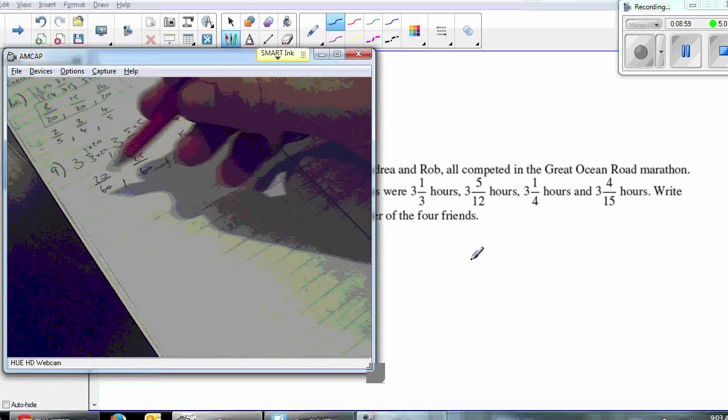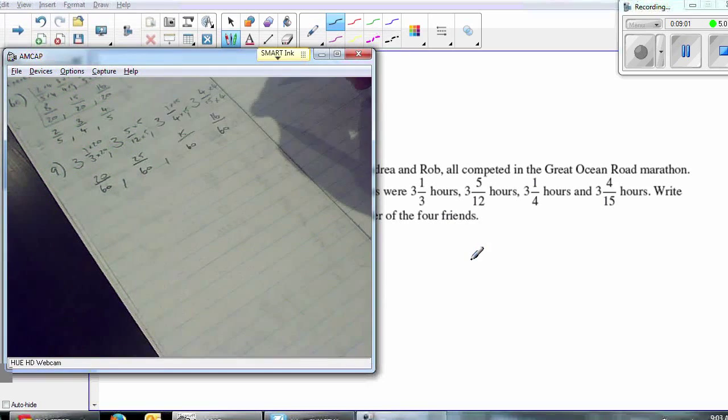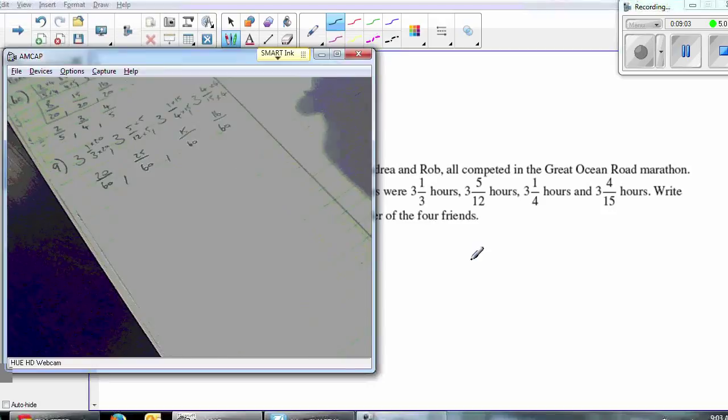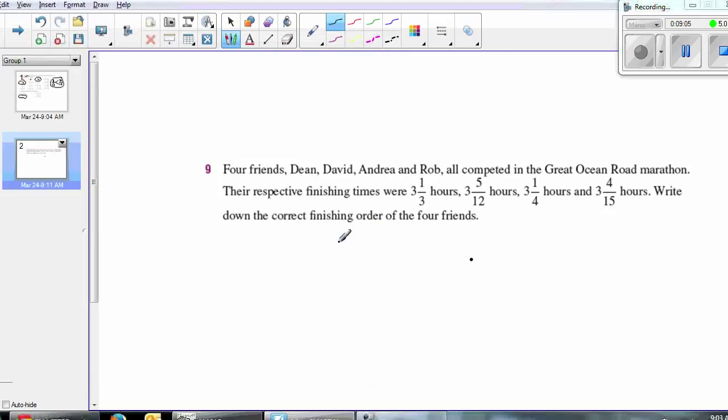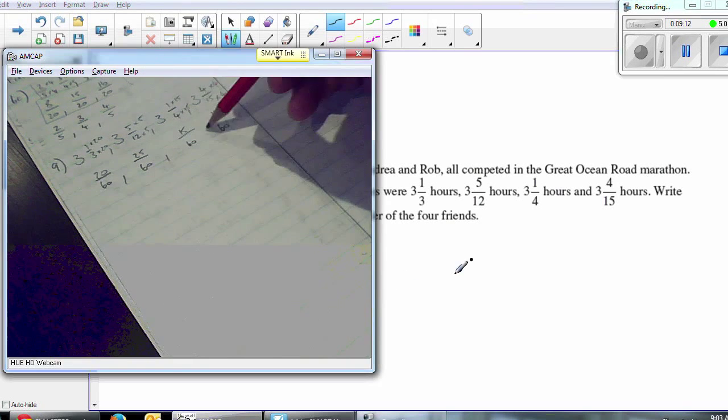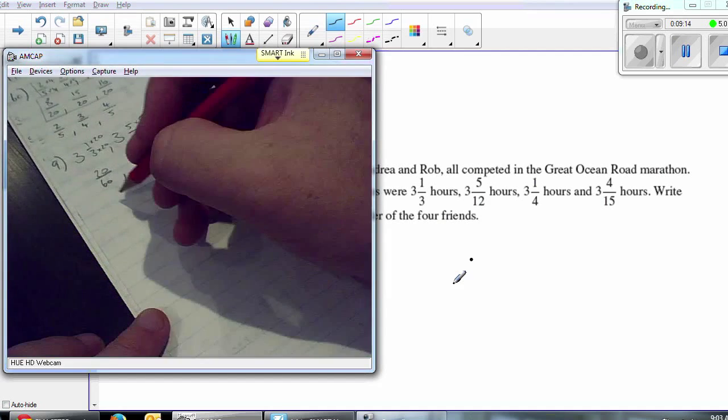So if I was to now look at these fractions, and we need to find out who completed in the finishing order. So obviously the lowest time will come first. The lowest time that can be seen here is this one, 3 and 1/4.